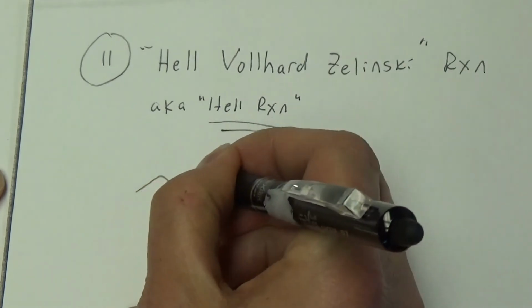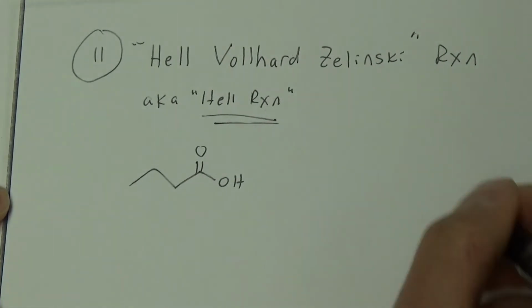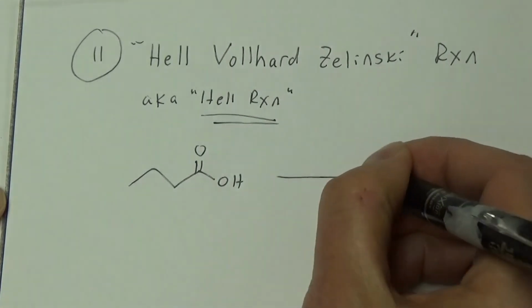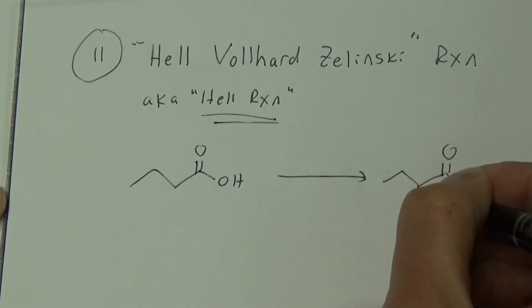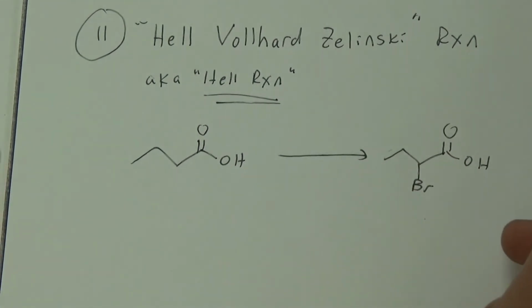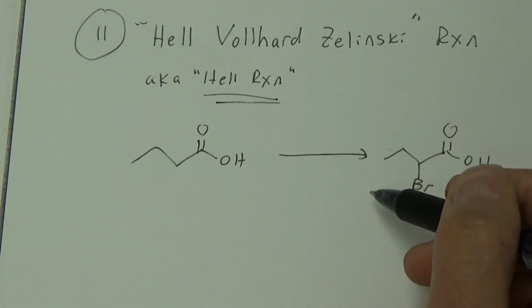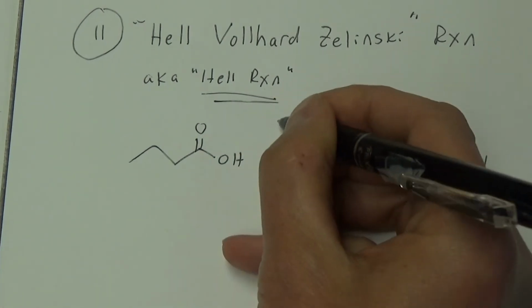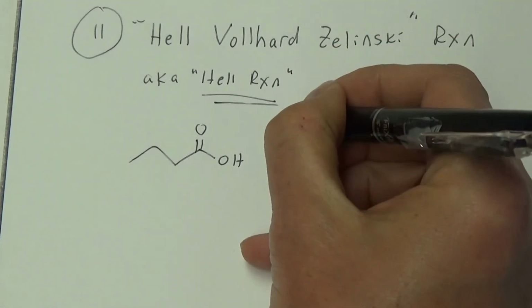All it really is: if you have a carboxylic acid and you want to turn it into an alpha bromo carboxylic acid, it's a procedure to do that. There are 3 parts to it, and nothing's too crazy. Step 1 is PBr3 and Br2.